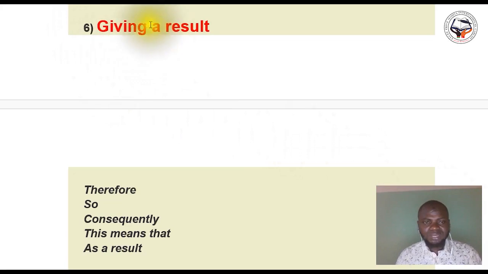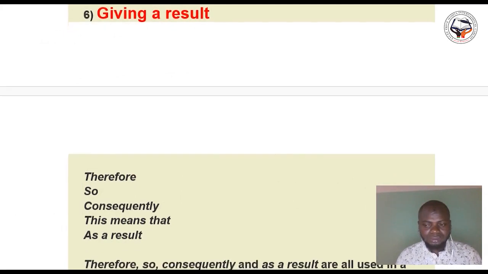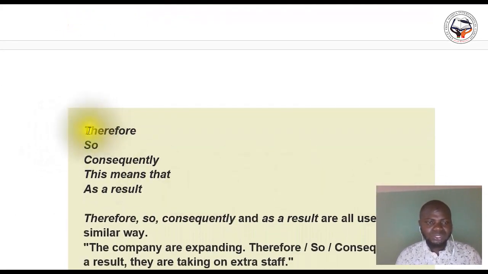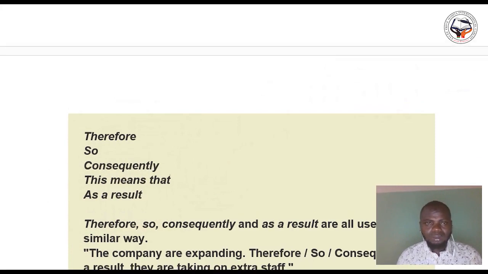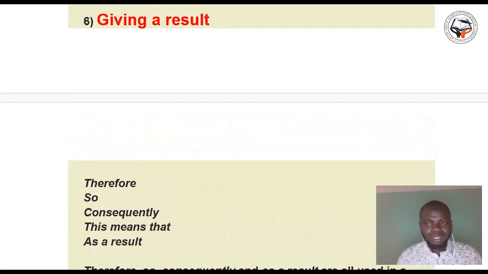In number 6, giving a result, you can use these terms: therefore, so, consequently, this means that, as a result. These expressions express a result.